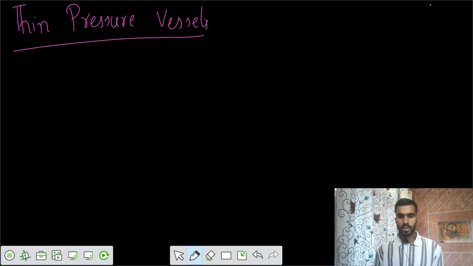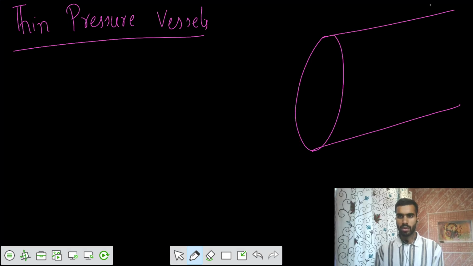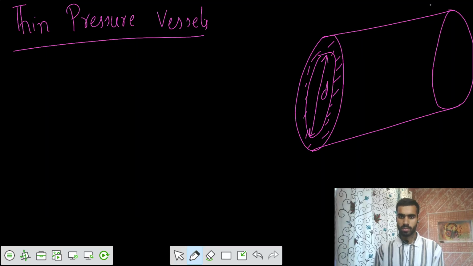So we say that you have a cylindrical vessel, and if the thickness is very small, let's say there's some inner diameter d and there is also some thickness t.